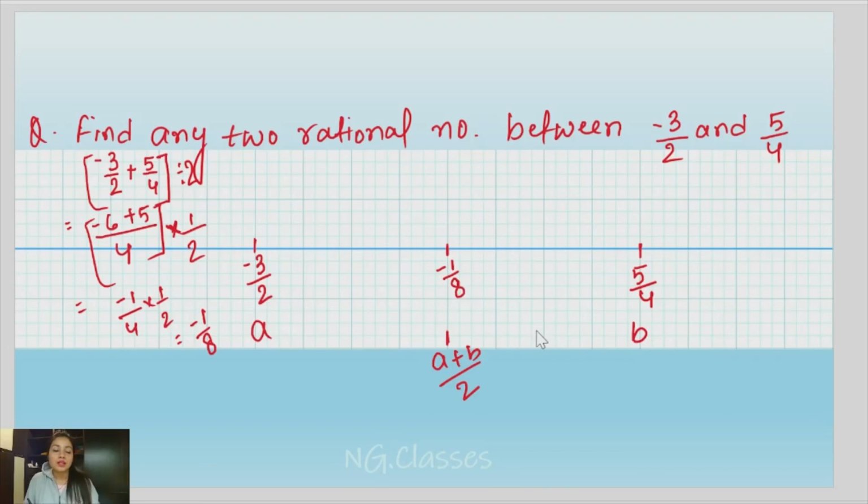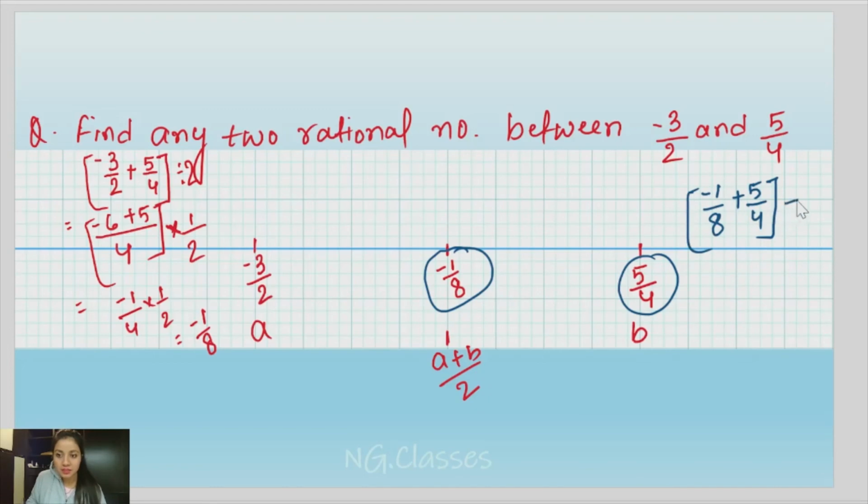Now, we are searching for two rational numbers between these two given rational numbers. So another rational number we can find as either the midpoint of this one and this one, or the midpoint of this one and this one. So let's do the midpoint of minus 1 by 8 and 5 by 4.